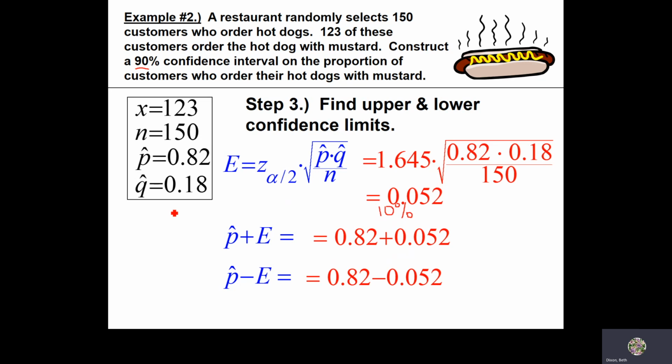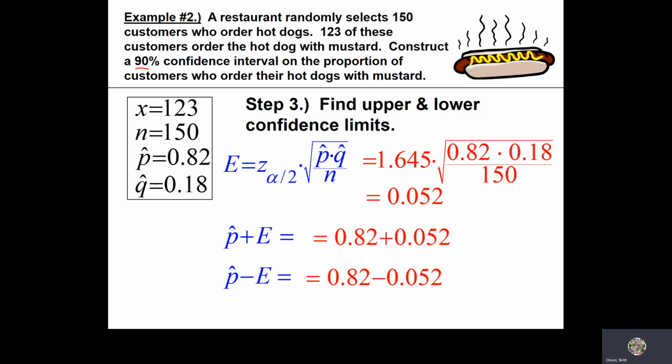Once we do that, we will add and subtract. I'm going to erase that 10% now. We're going to add and subtract that error of 0.052 to the 0.82.